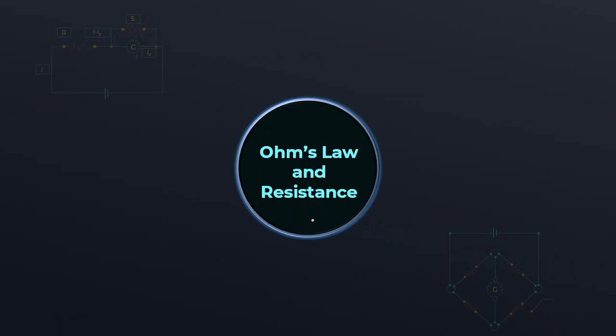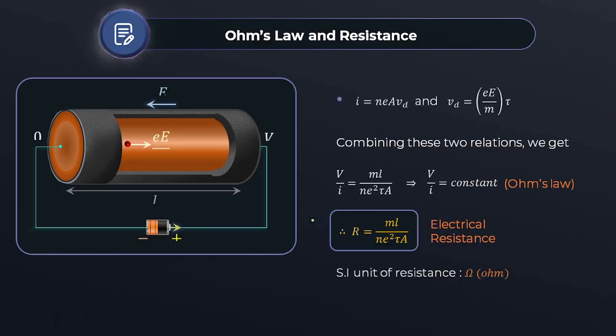Next is Ohm's law and resistance. You all know Ohm's law from 8th class, I think, or 10th class definitely, right? So what is Ohm's law? First we had the current formula, a very important formula, that is I equals n e A vd. And we know vd, from NCERT we are taking, is eE by m into tau, right? So combining these two, if I replace vd from here, we want to find the derivation of Ohm's law.